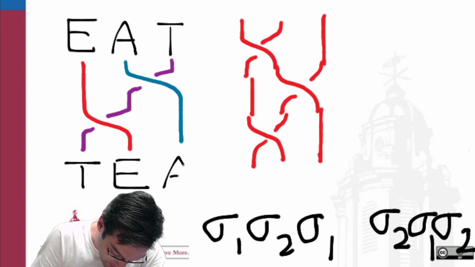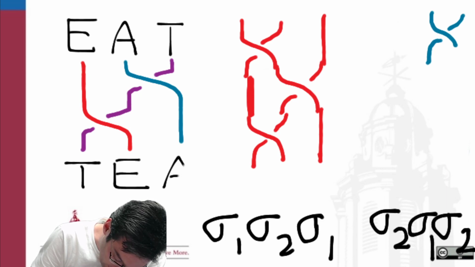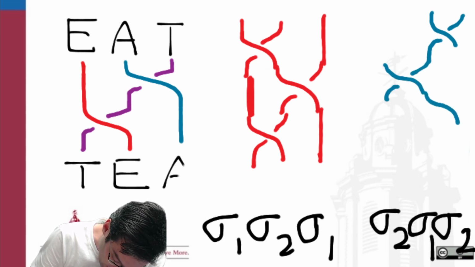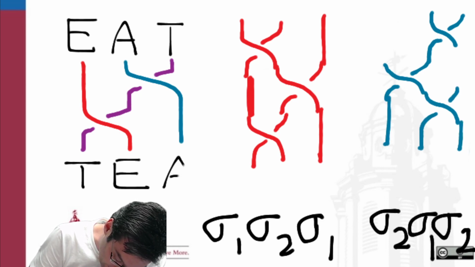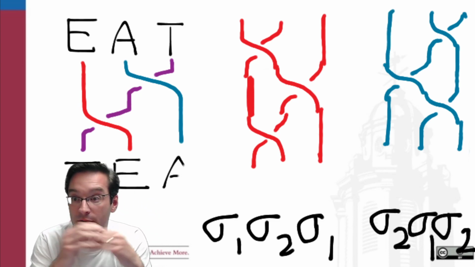But so there's the braid 1, 2, 1. And then if I draw 2, 1, 2, I'm going to cross over here first, then I'm going to cross over here, and then I'm going to cross over there one more time. Connect those up. So here are my two braids.